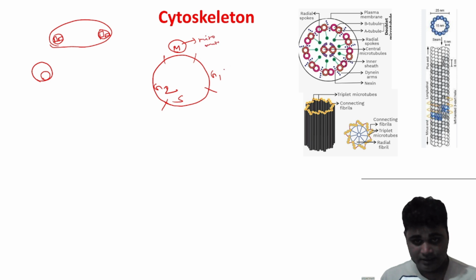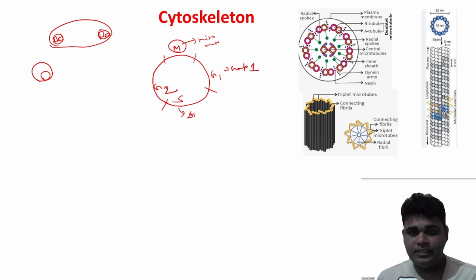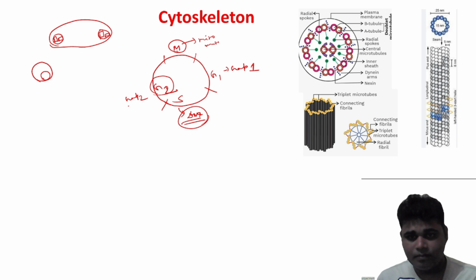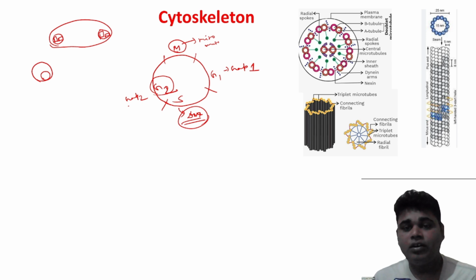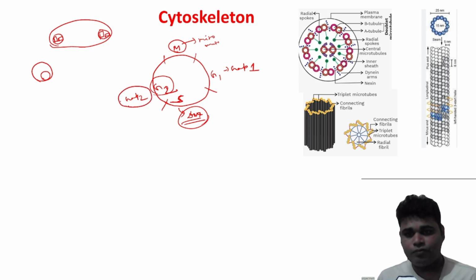G1 means gap 1. S phase means the DNA is synthesized, or the DNA becomes double. G2 means gap 2, the gap between the synthesis phase and mitosis or meiosis. During the gap 2 phase, the centrosome becomes double.